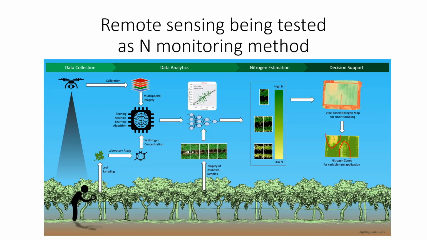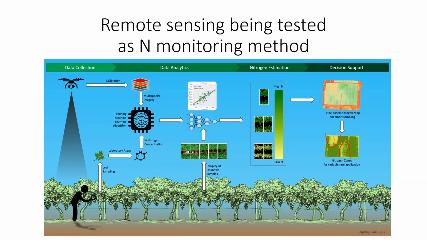Now what we're doing is we are working with Ali Pourreza, who is an extension specialist in agricultural and biological engineering at Davis. He is doing some imaging of vineyards that we're working in with a drone. He is collecting reflectance data with the drone, reflectance of the wavelengths being reflected off the leaves from sunlight.